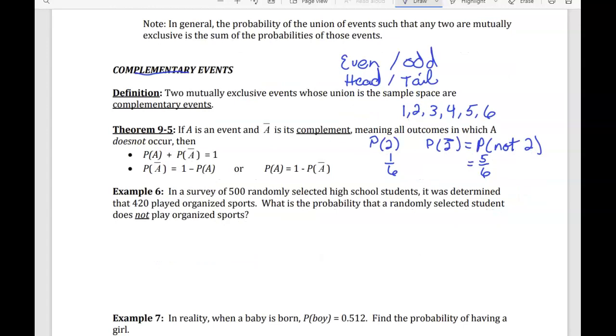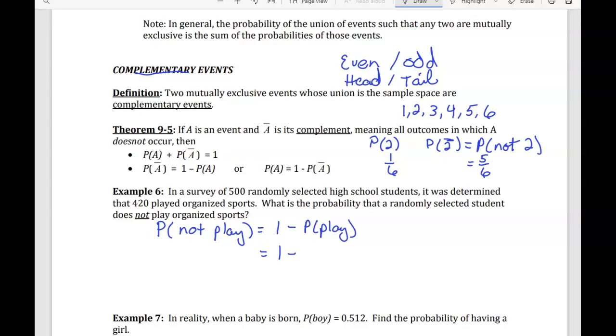In a survey of 500 randomly selected high school students, it was determined that 420 played organized sports. What is the probability that a randomly selected student does not play organized sports? So we have the probability that they do not play sports. That's going to be equal to 1 minus the probability that they play sports.